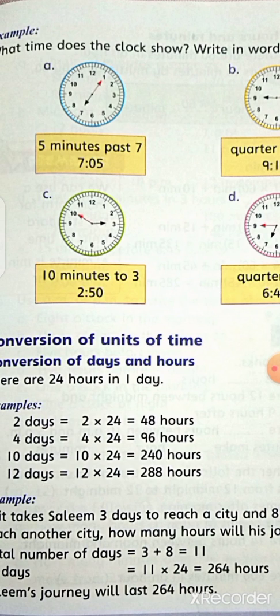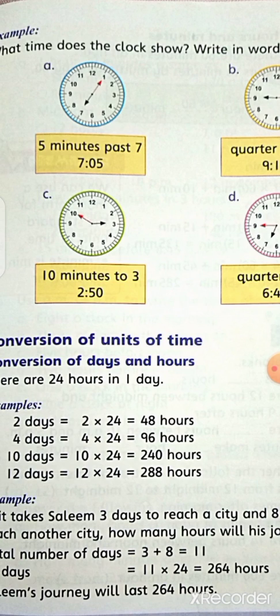In the C part, hour hand is near to 3, approaching 3, and minute hand, which is in red, is exactly on 10. So 10 minutes to 3 or 2:50.